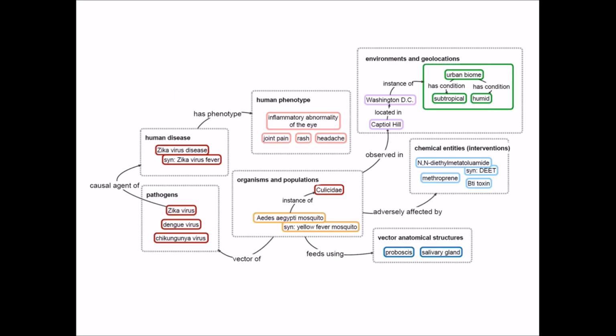This then is embedded into a whole range of other ontologies to express things like what kind of disease a particular organism can carry, what pathogens they can carry, what phenotypes, what symptoms are associated with those diseases to help diagnosticians understand what's going on. Also, where such vectors have been seen. This was an outbreak in Capitol Hill in Washington, D.C., which was quite unexpected.